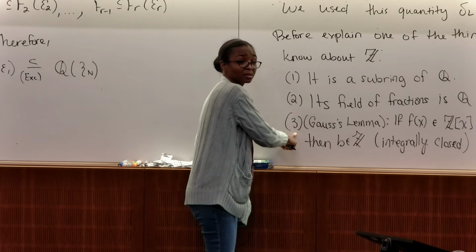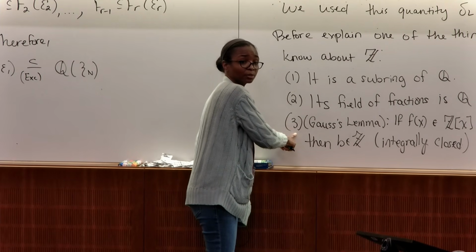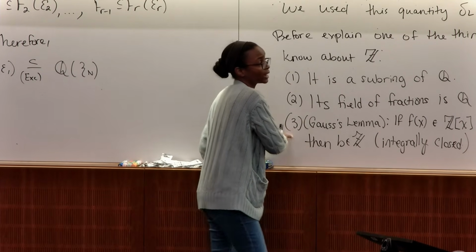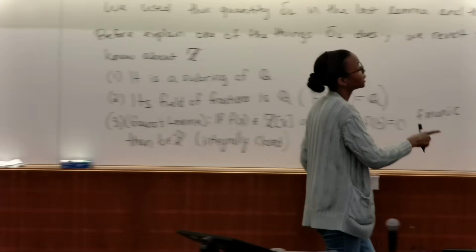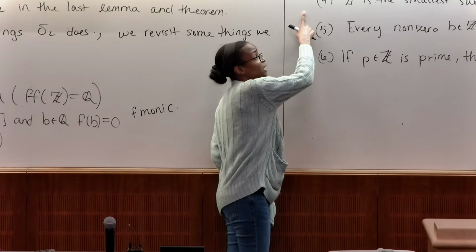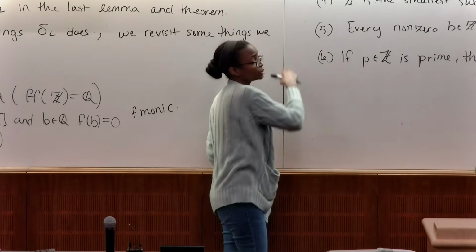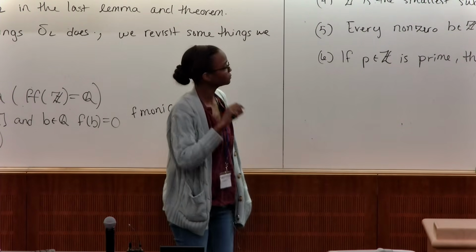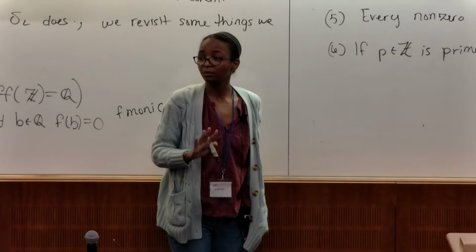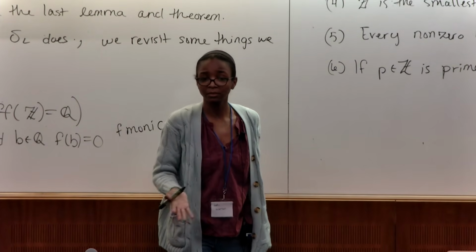This is actually the most important thing, at least as a starting point. We want it to satisfy Gauss's lemma within its field of fractions. We want it to be the smallest subring of L that accomplishes two and three. Such an object exists. We call that object the ring of integers of L.